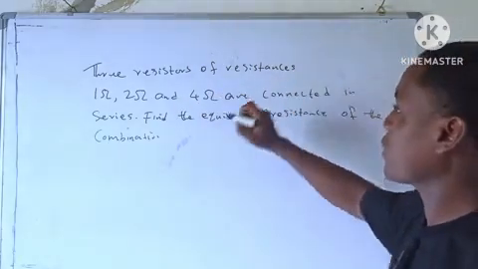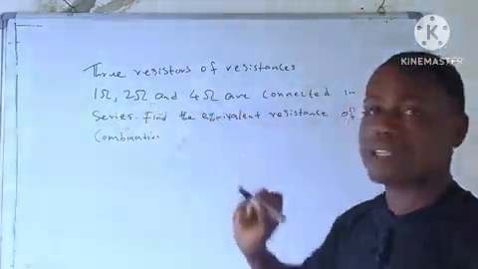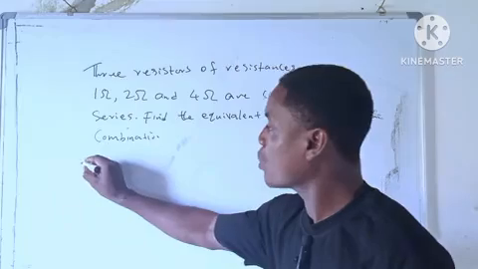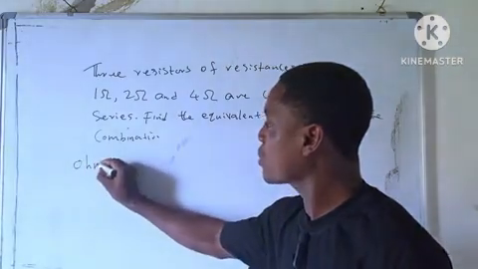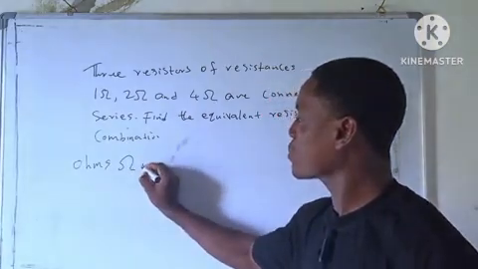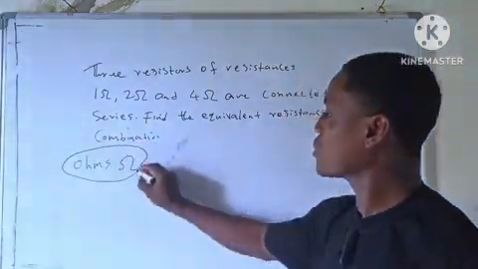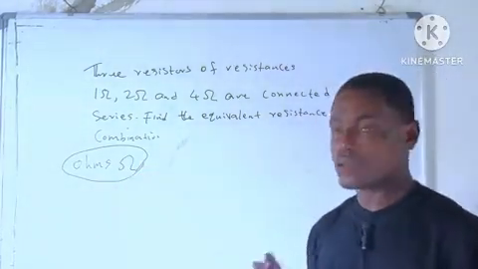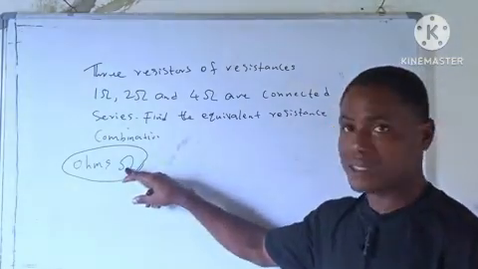Three resistors of resistance 1 ohm. Please, I forgot, the unit for resistance is ohm. Okay, ohms, and the symbol is in this form. Are you getting it? So this is the unit of resistance, ohms, and this is the symbol.